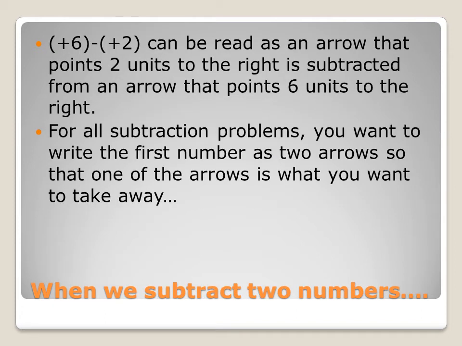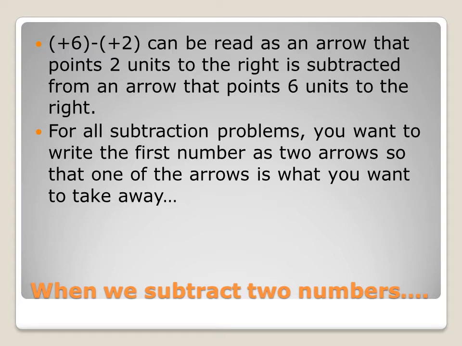Okay, now let's take something that's a little bit more difficult. 6 minus 2 can be read as an arrow that points 2 units to the right, my positive 2, being subtracted from an arrow that points 6 units to the right. The problem is I want to prepare that arrow that points 6 units to the right, because I know I'm going to want to pull out an arrow that points 2 units to the right.